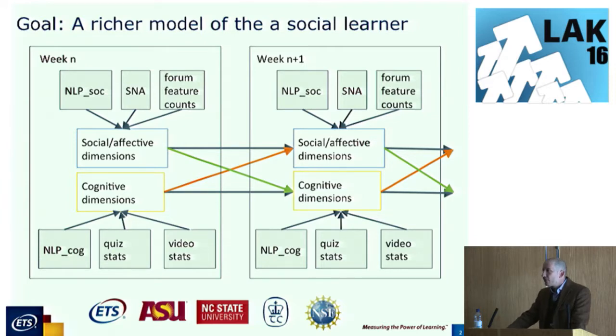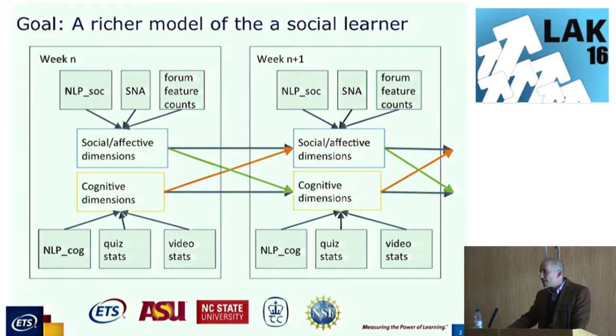And it might come from textual analysis of the traces that they leave in places where they create text, such as discussion forums. Similarly, the socio-affective dimensions can come from those textual traces if you do that kind of analysis, and from aspects of their connectedness to other students in a discussion forum if they're responding to others and others are responding to them.